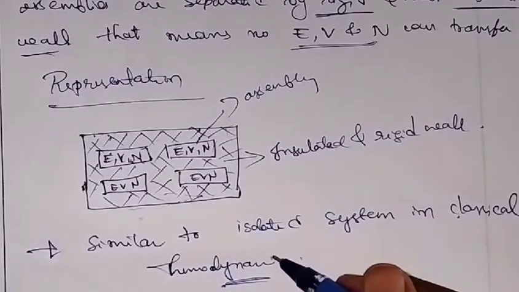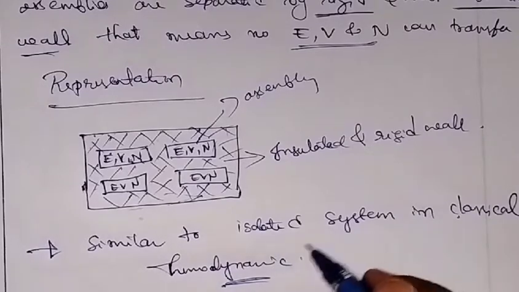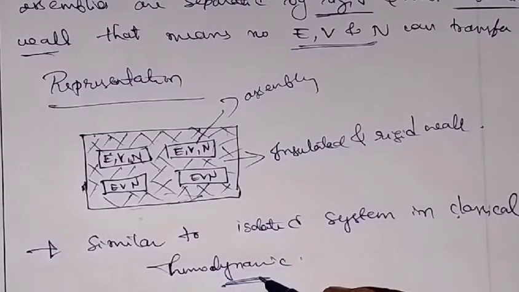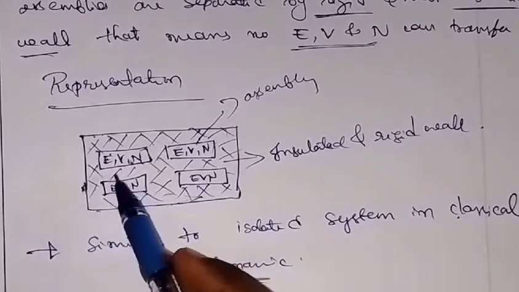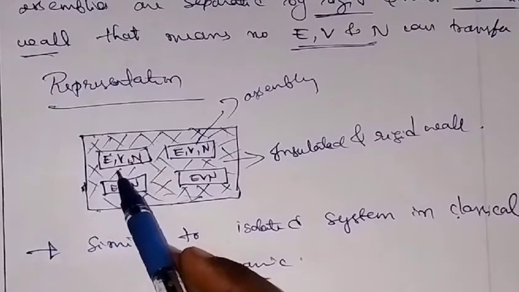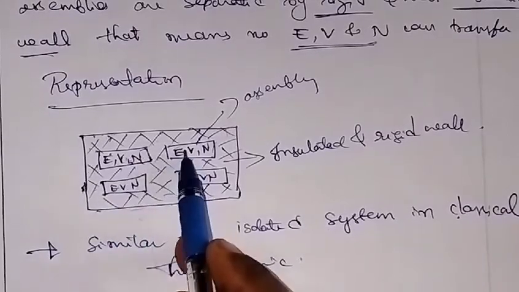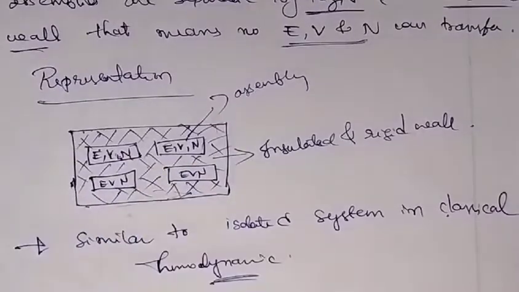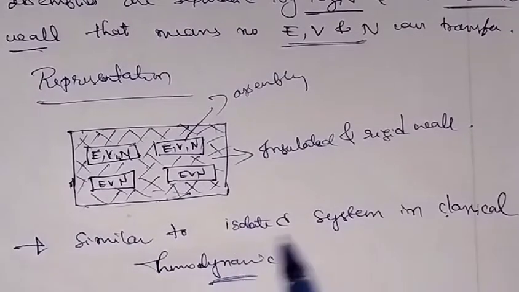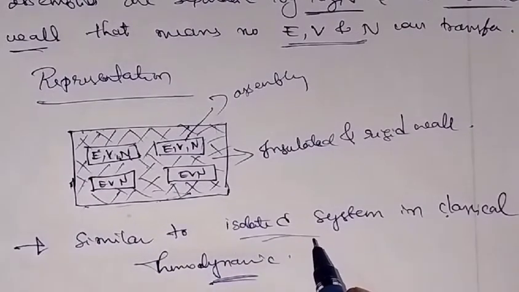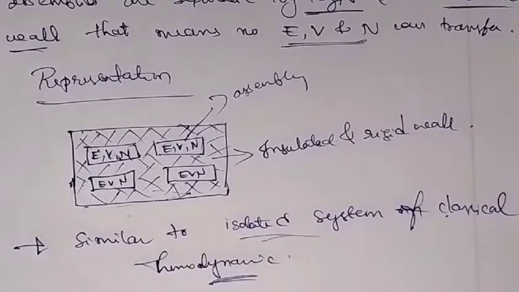In an isolated system there is no exchange of heat or matter with the surroundings. Here also there is no exchange of anything with the other assemblies. That is why it is comparable to the isolated system of classical thermodynamics. This is the first one.